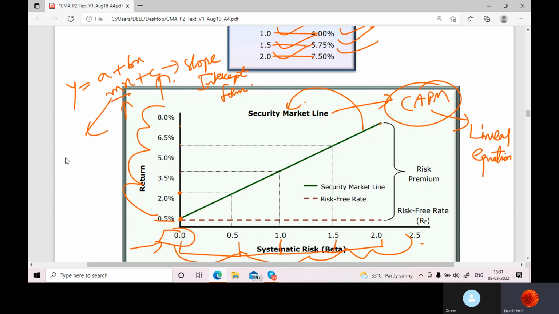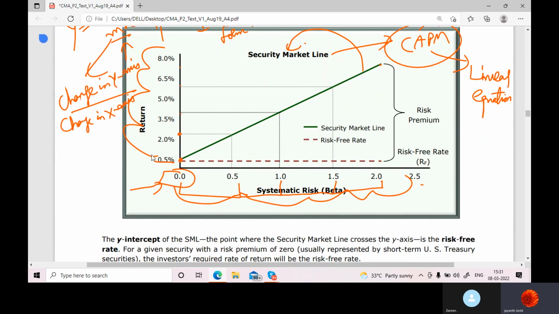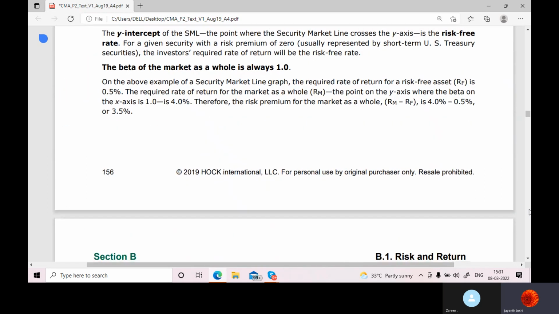Slope is nothing but the change in the y axis by the change in the x axis. You can clearly see the change in y axis, so from here to here, if we go, that is 0.5.